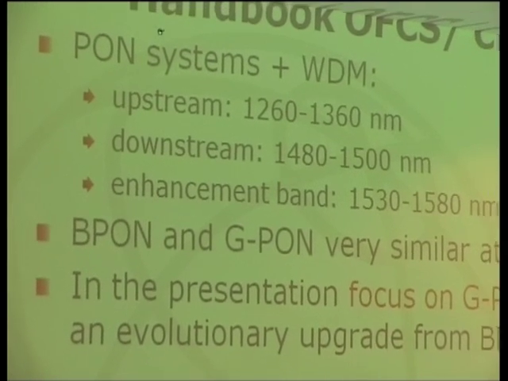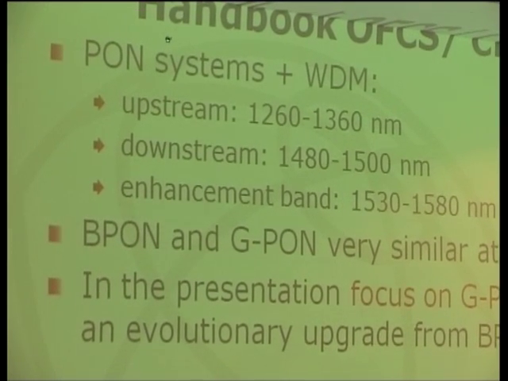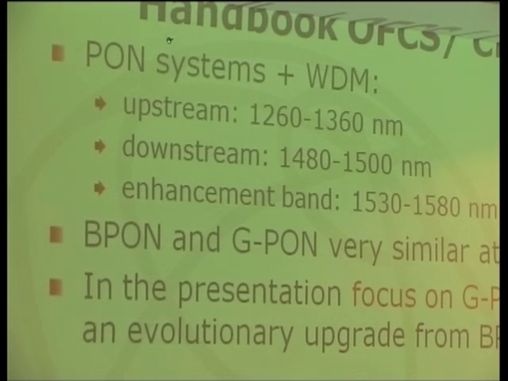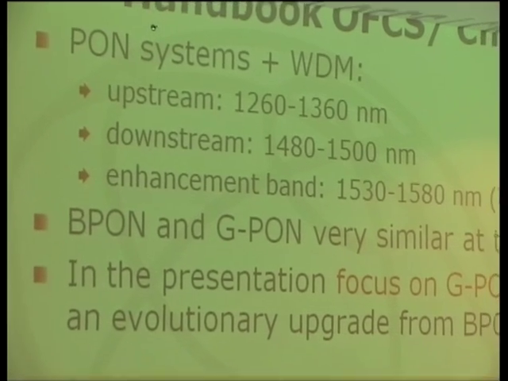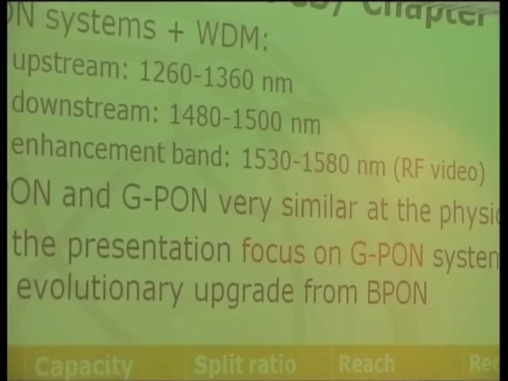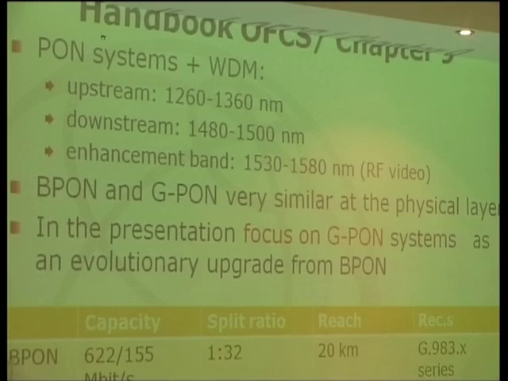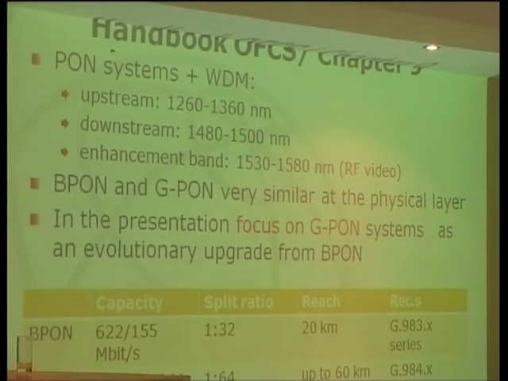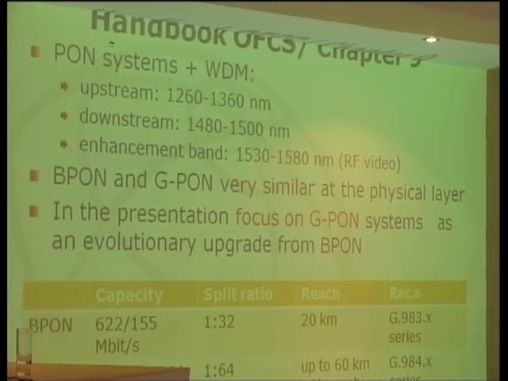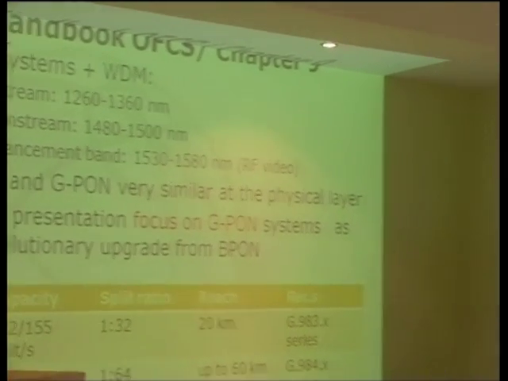For the broadband, the maximum foreseen split ratio is 1 to 32, which is exactly the splitter we saw before, and the maximum reach is 20 kilometers. For the GPON, the bit rate is increased to 2.5 gigabit per second downstream, 1.25 upstream.